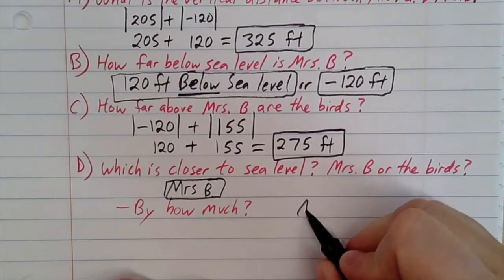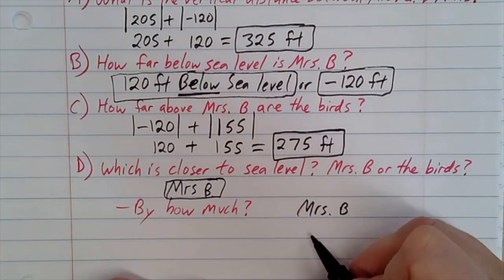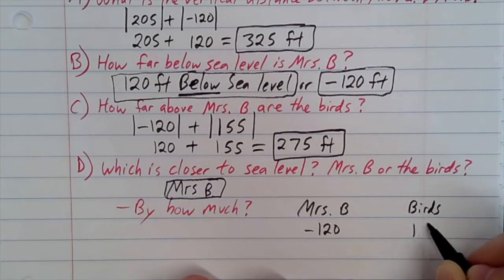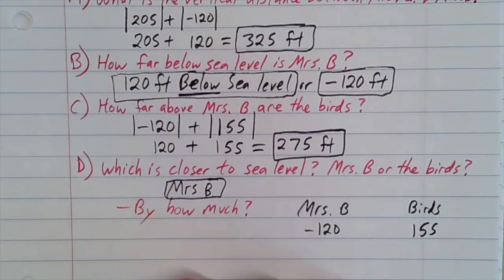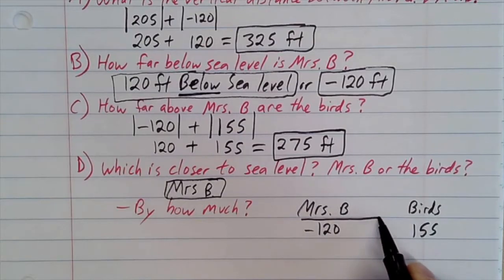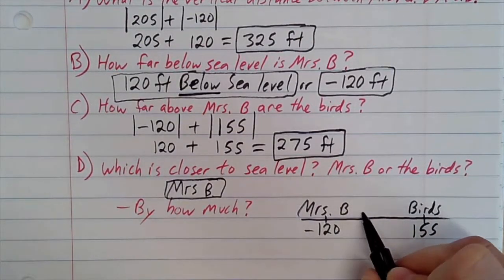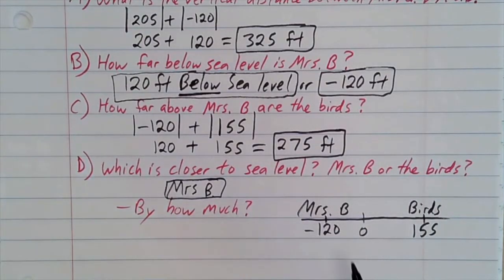Well, if you think about it, Mrs. B was at negative 120 and the birds were at a positive 155. So we're comparing them to 0, like on a number line. I'm trying to figure out by how much. Well, this is 120 away, this is 155 away.